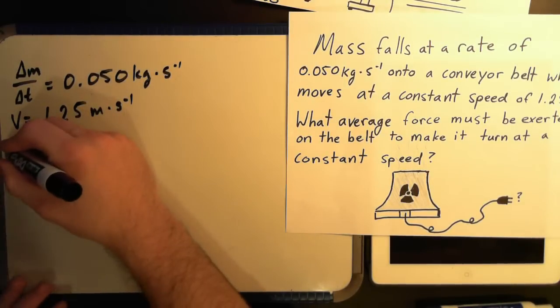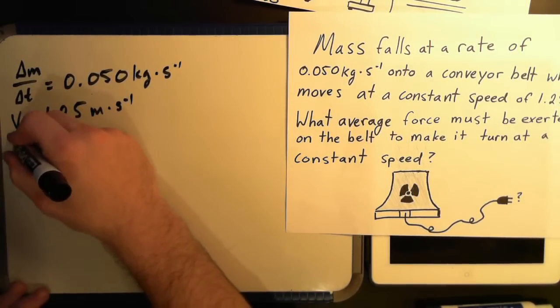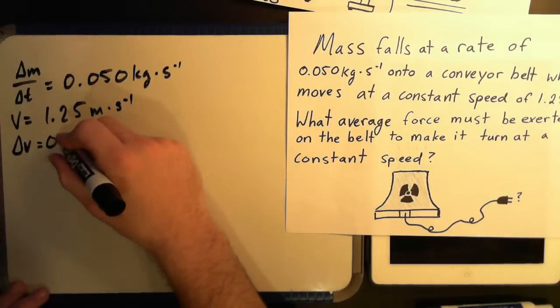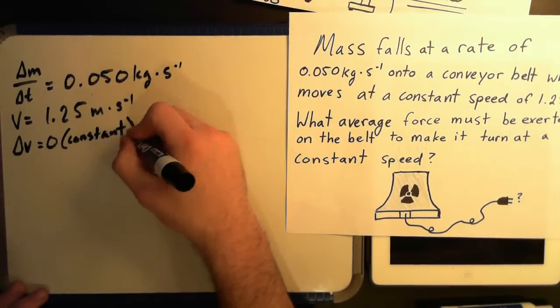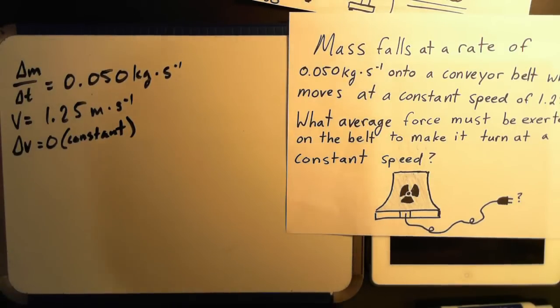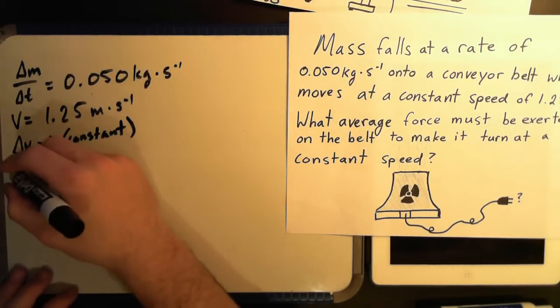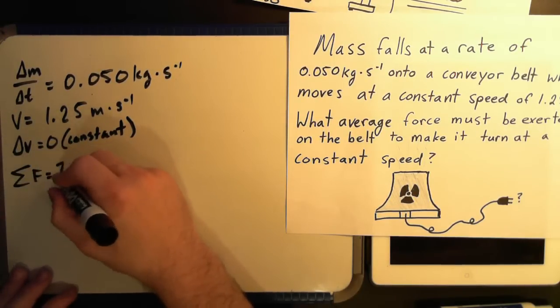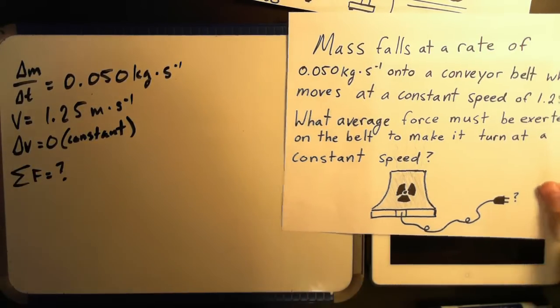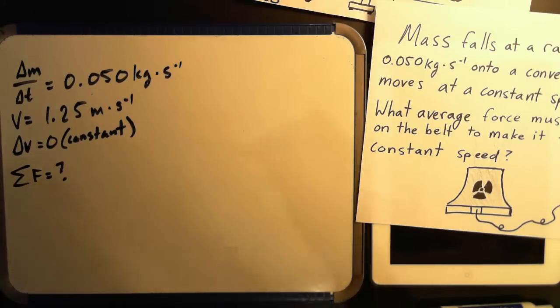Actually, in both of these problems, we know that the change of velocity equals 0 because remember, it's going at a constant speed, so it's not changing. And what we're looking for in our equation is the sum of the forces, the average force we're looking for.